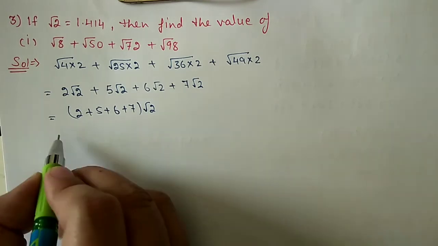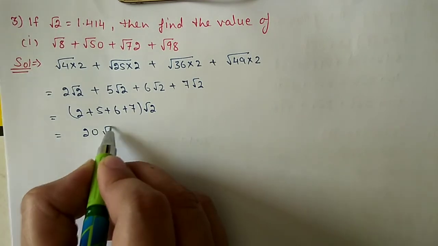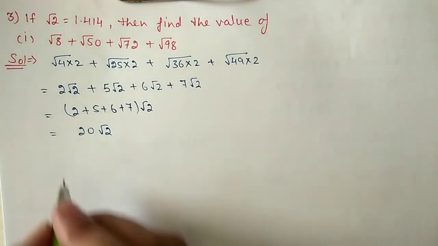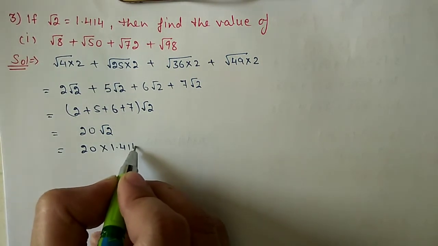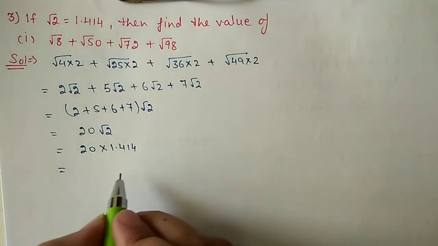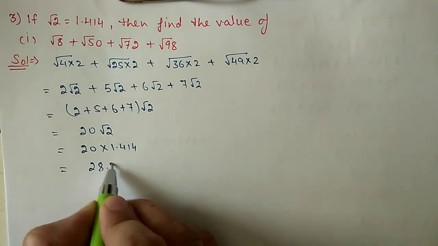So we have 20 into √2. After simplification, now we will substitute the √2 value. 20 into 1.414 is equal to 28.28.